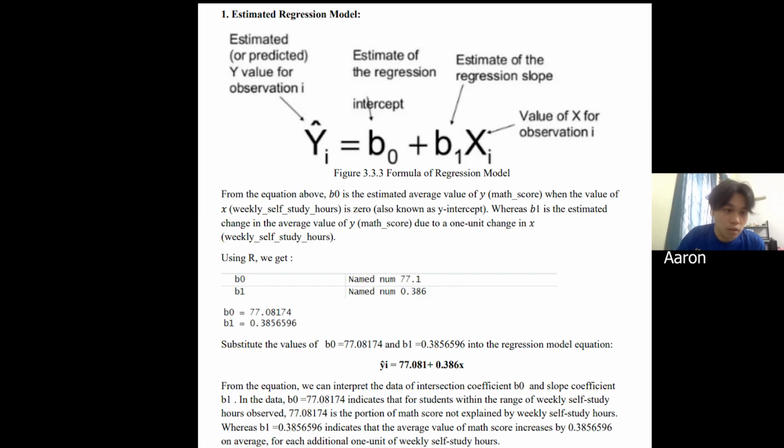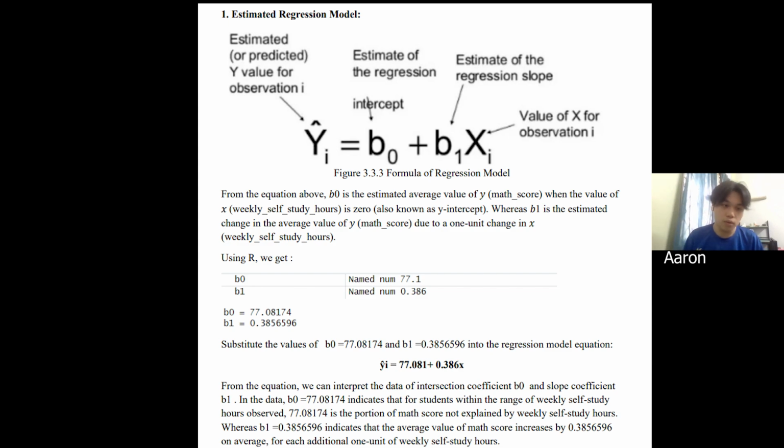First, the estimated regression model. From the equation above, B0 is the estimated average value of y math score when the value of x weekly self-study hours is 0, also known as the y-intercept, whereas B1 is the estimated change in the average value of y math score due to a 1 unit change in x weekly self-study hours.